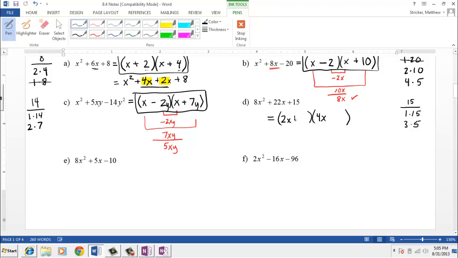We could put, for example, a 5 here, and we could put a 3 here, because 3 times 5 is 15, and then we want to provide that same check. We want to look at this and say, okay, that one's 20x, and this one is 6x, and you can see this is a problem. We can't use 20x and 6x to get 22x.